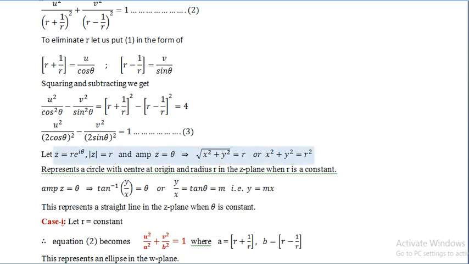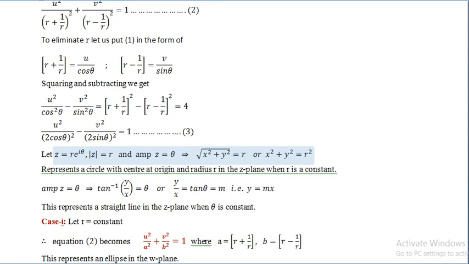So mod z, with z equal to x plus iy, is the square root of x square plus y square, which is equal to r, and amplitude of z is theta. After squaring on both sides, we get x square plus y square equal to r square, which represents the equation of the circle with center at origin and radius r in the z plane when r is constant.